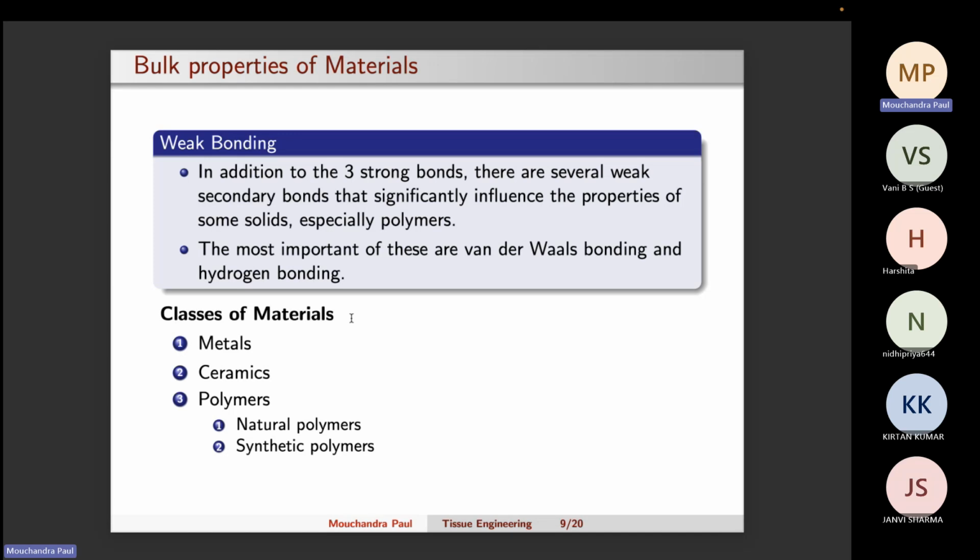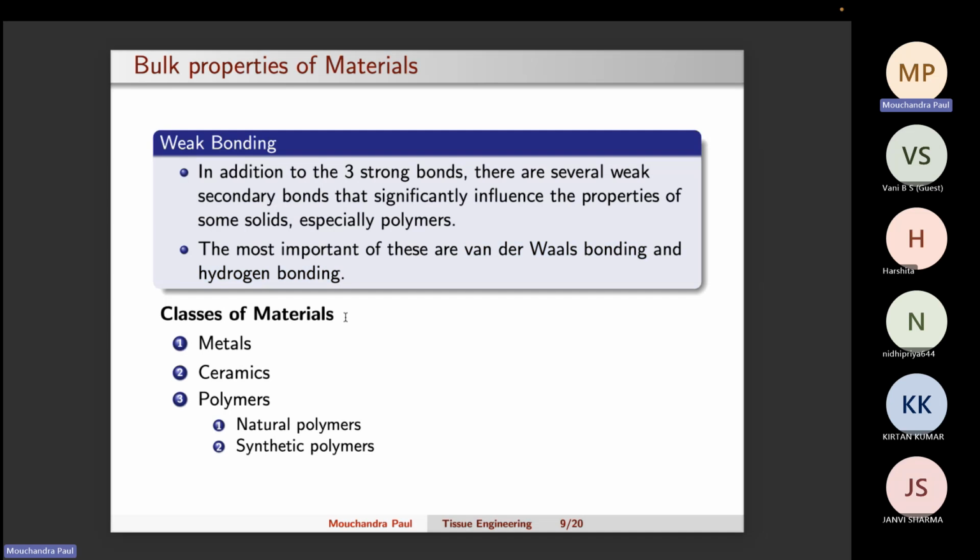A small unit is called a monomer, and when they are connected, it forms a polymer. In the structure of the polymer, there are often various kinds of weak bonds available. Two of these are van der Waals bonding and hydrogen bonding.